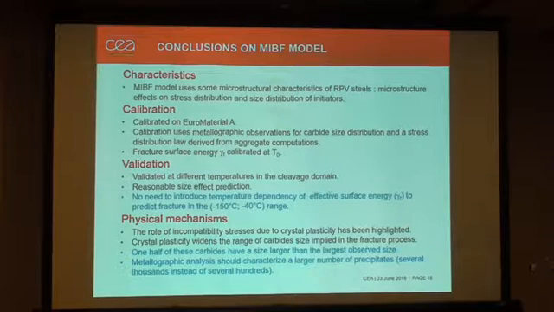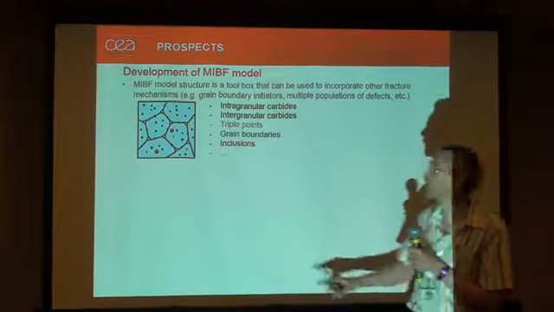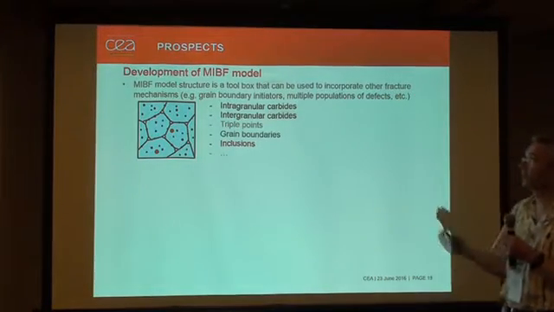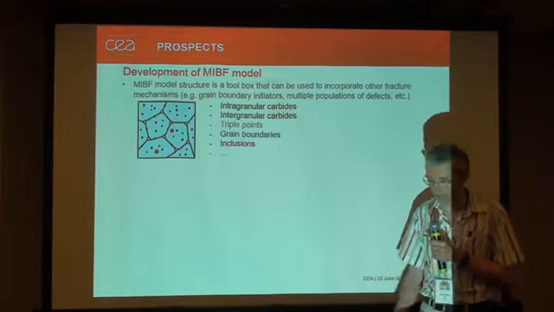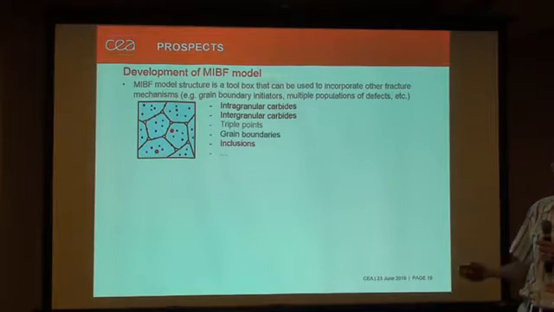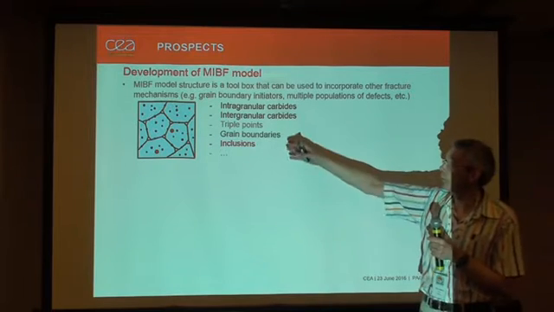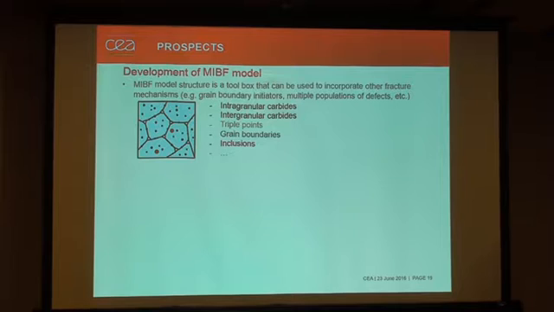Last point, there are some possible extensions of the MIBF model, especially concerning grain boundary effects with intergranular carbides, possibly leading to modelization of intergranular fracture, or other types of defect populations, multi-population of defects.